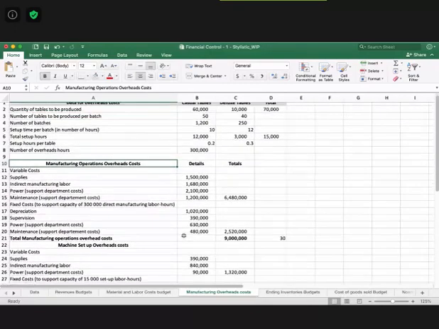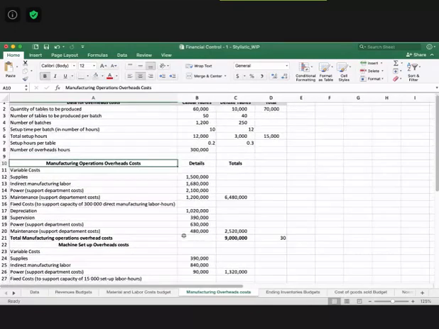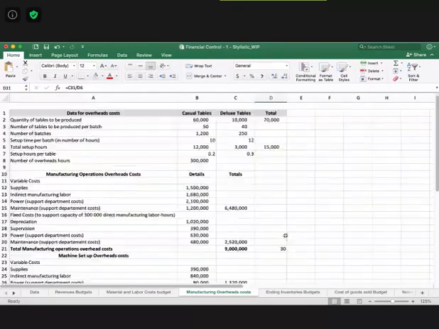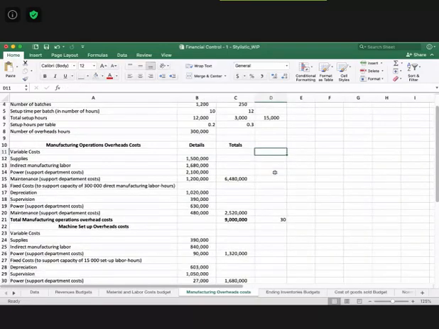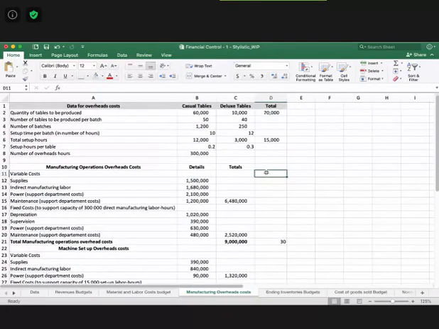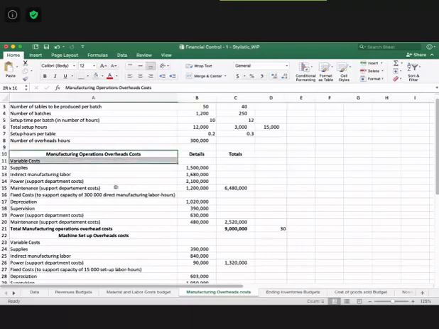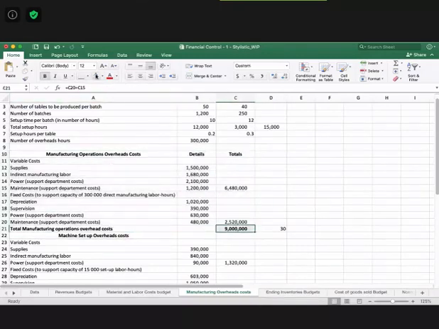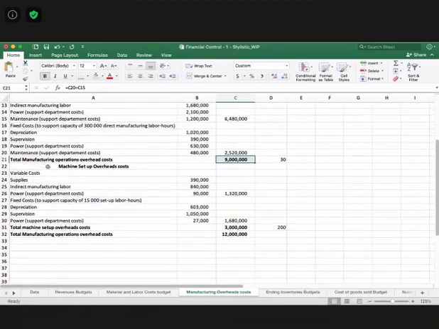So it's already prepared because they didn't want us to lose some time with it. So it's already calculated, but we find all what I explained here, okay? We have all the financial costs which are linked to the manufacturing activity with a total of 9 million here. We have all the machine setup overhead costs with a total of 3 million here and the total of 12 million, okay?